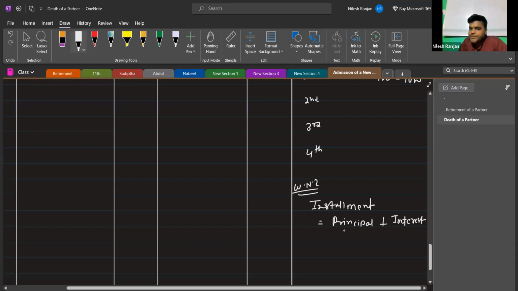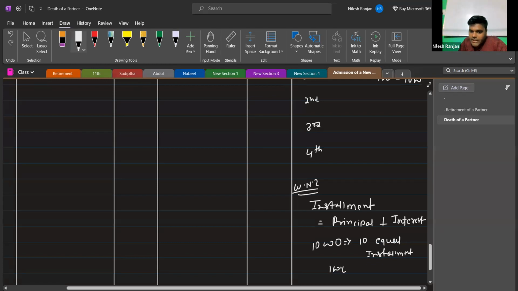Principal means the actual amount. If you borrow a loan, let's say 10,000, and you have to repay this amount in 10 equal installments, what will be the installment amount? 1,000.